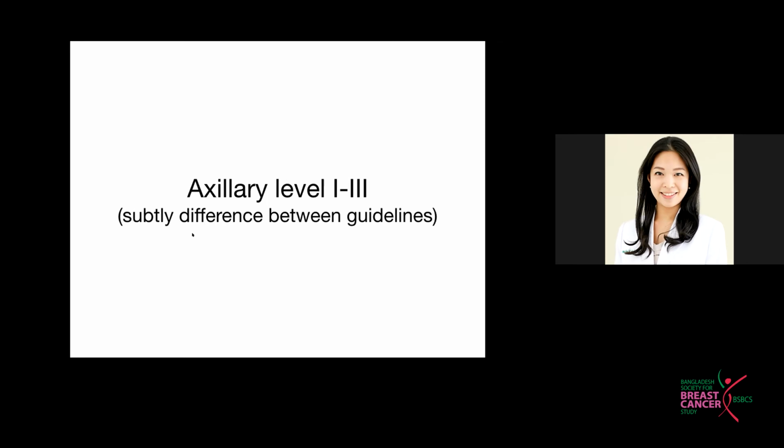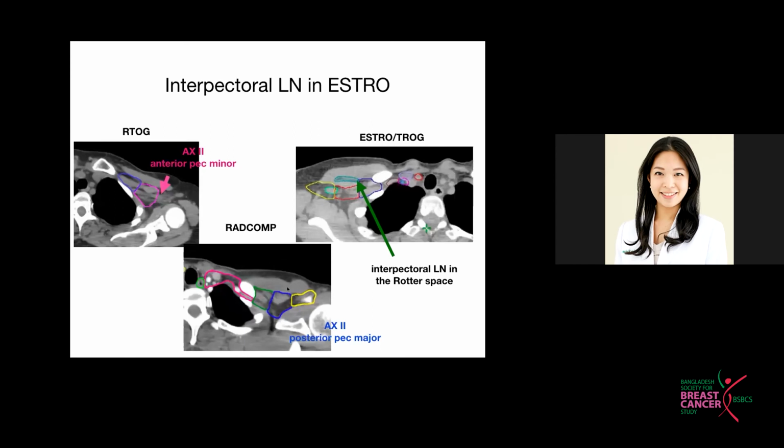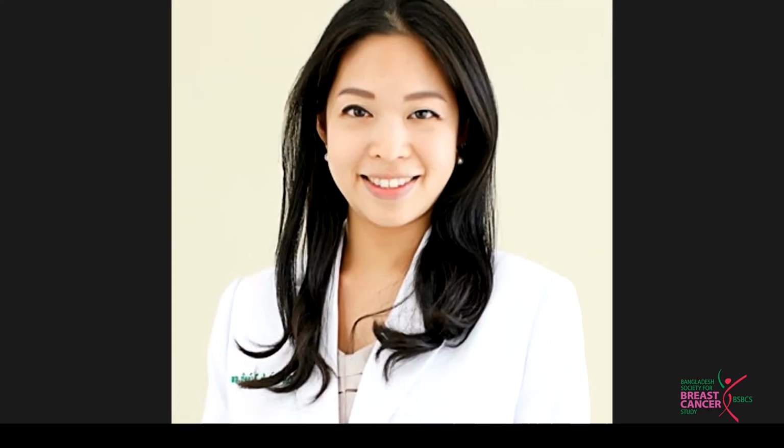This is the volume in ESTRO, in the Rotter space, over here. But it's already included in axillary level 2, which is the anterior border of axillary level 2.